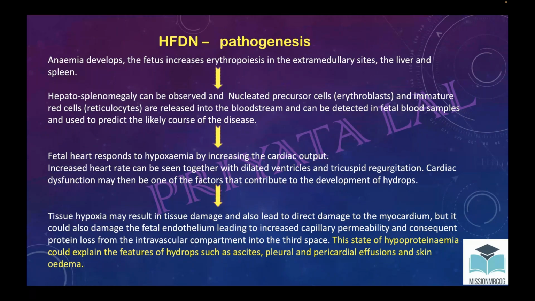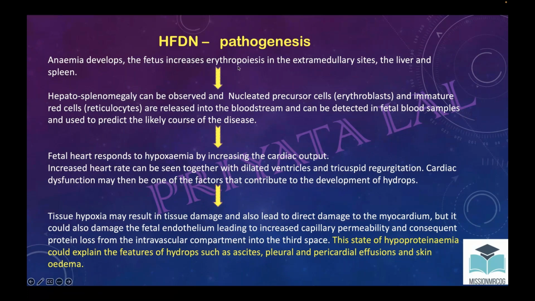Okay, because of that there would be destruction of red blood cells that would cause anemia. Now if the fetus has anemia, what will happen? To compensate, there would be increased erythropoiesis, and usually it occurs in extramedullary sites like the liver and spleen.